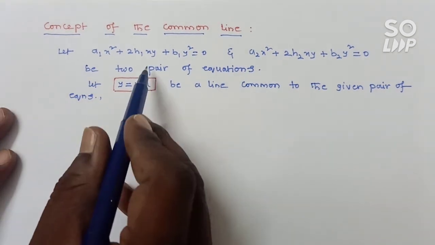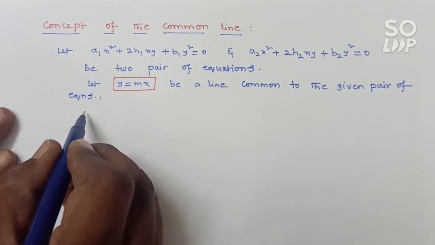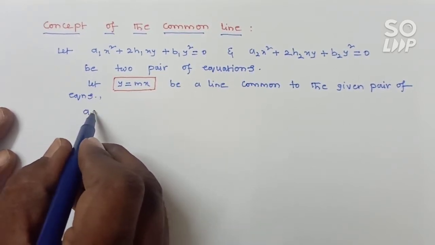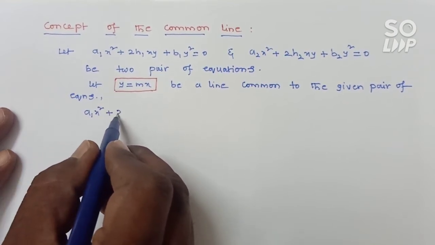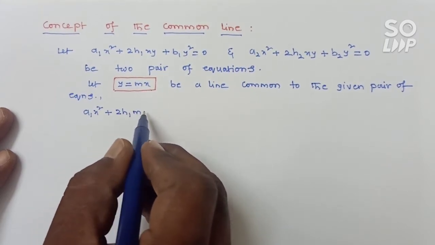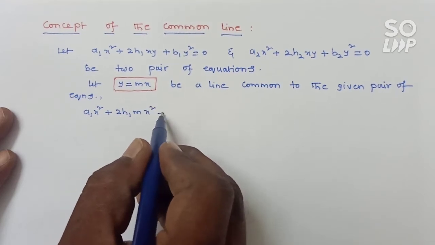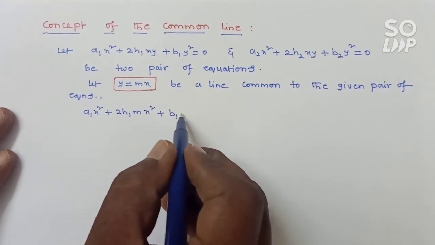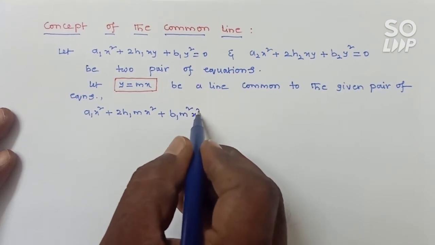You put y is equals to mx in this one, you will get a1 into x square plus 2h1 into m into x square plus b1 into m square into x square is equals to 0.